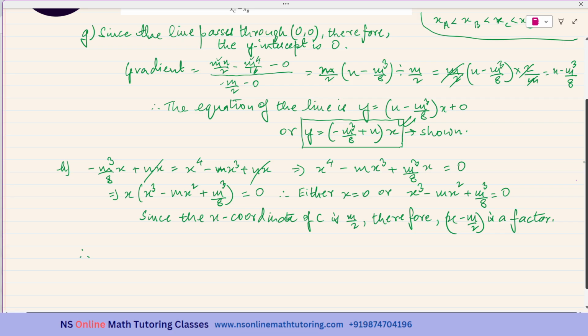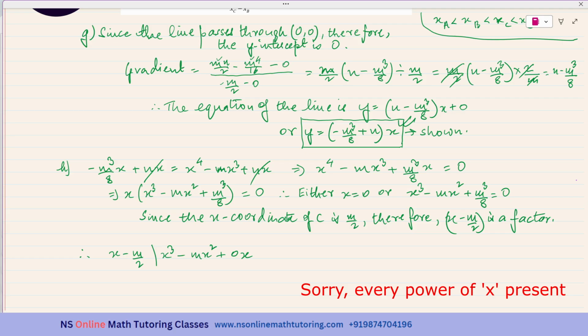So, therefore, x minus m over 2 into x cube minus mx square plus m cube over 8, but there isn't any term containing x, so I have to add the term containing x. This you have to remember. For the dividend, you should be having every term of x present. So I am adding this 0x because 0x is 0 and I can add 0 or subtract 0. It doesn't change anything. So this is plus 0x plus the constant term m cube over 8.